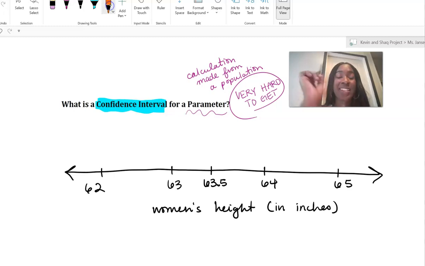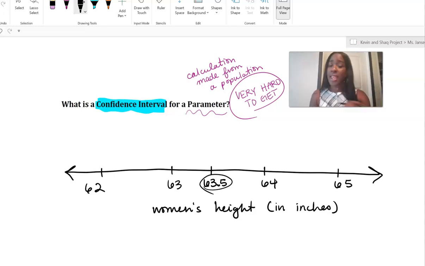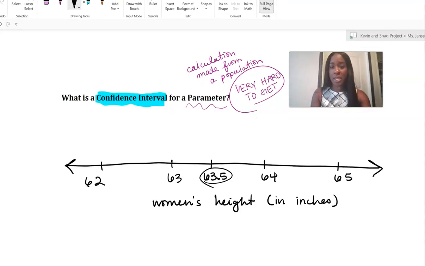Do you think it is very likely that the average height of all women in America is 63.5? So I've made a number line because this is a continuous variable. It is important for us to remember the difference between discrete and continuous variables, because I could not make a number line for a discrete variable. Say I was talking about the number of cars that the average American had. We wouldn't make number lines for that.